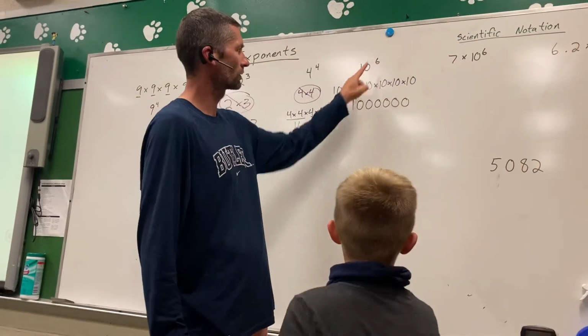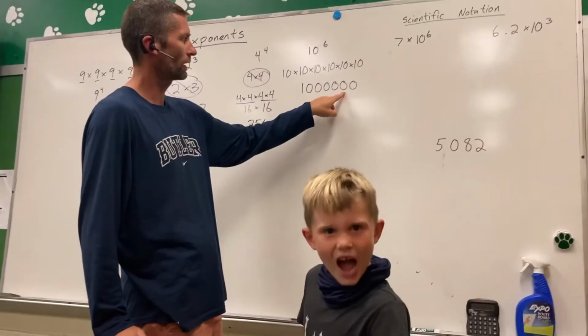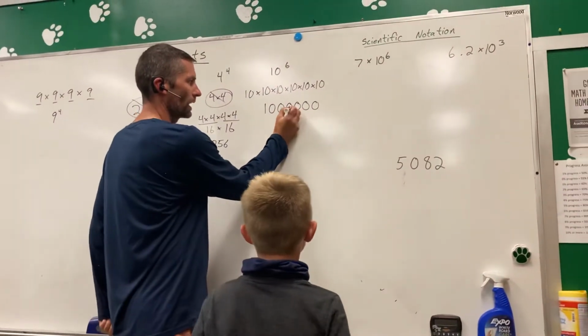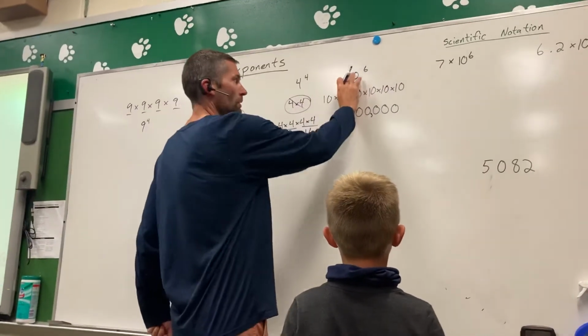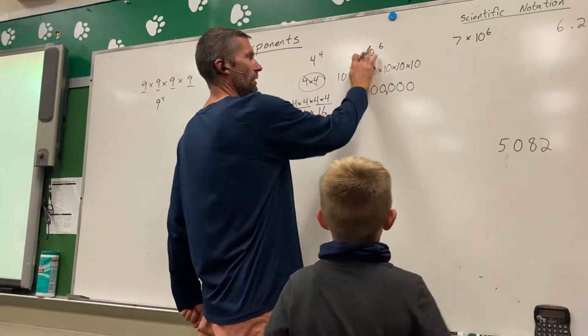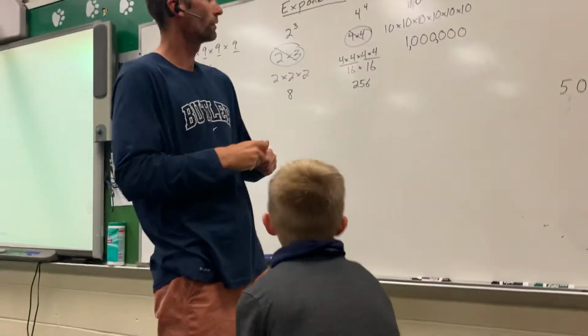Right, 6 zeros. So as a shortcut, I can write the 1, and then 1, 2, 3, 4, 5, 6 zeros, and put my commas in. That's 1 million. You would not be able to do that with 20 to the power of 6, but with 10, we could. 10 to the power of 6 is 1 followed by 6 zeros.